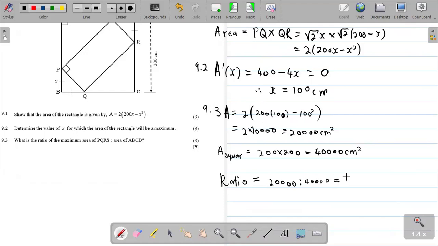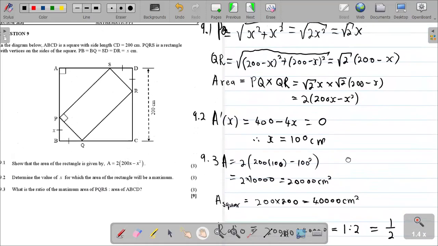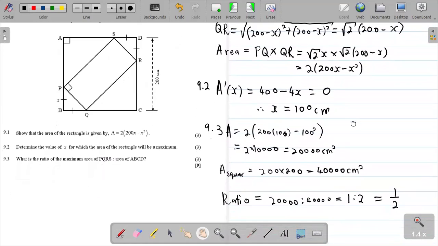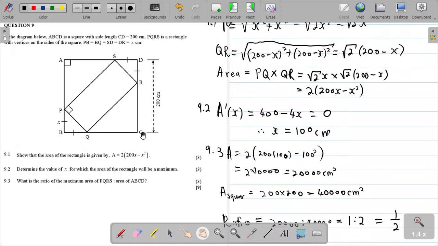So the ratio is 1:2. So this is the ratio, or you can say 1/2. Okay? 1:2. So, okay, question 9 was short, and was relatively short. Let's go to question 10.